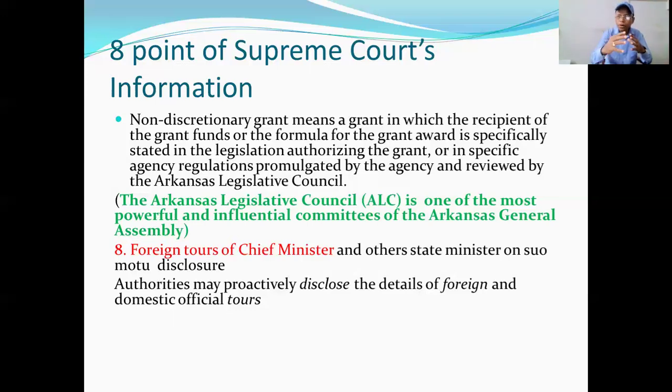If we have such information, then we may reflect it here. If we don't have such information, then we may write here that it is not applicable in this public authority. Then the next and last point of these 8 points, point number 8, is foreign tours of the Chief Minister and other state ministers on suo motu disclosure.